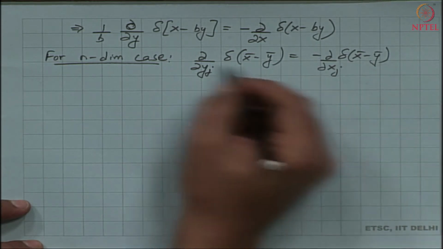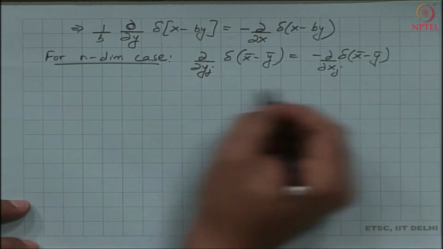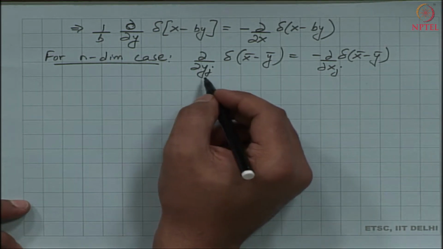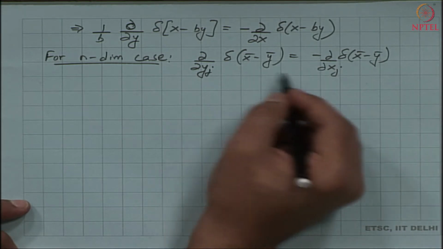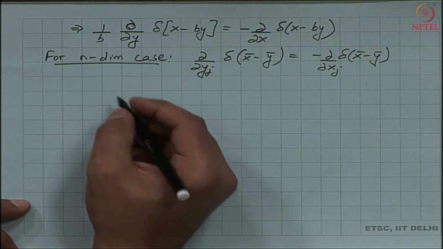So, the minus sign can be flipped back and forth. The derivative with respect to the jth matches with the derivative with respect to the jth of the x and the y components.